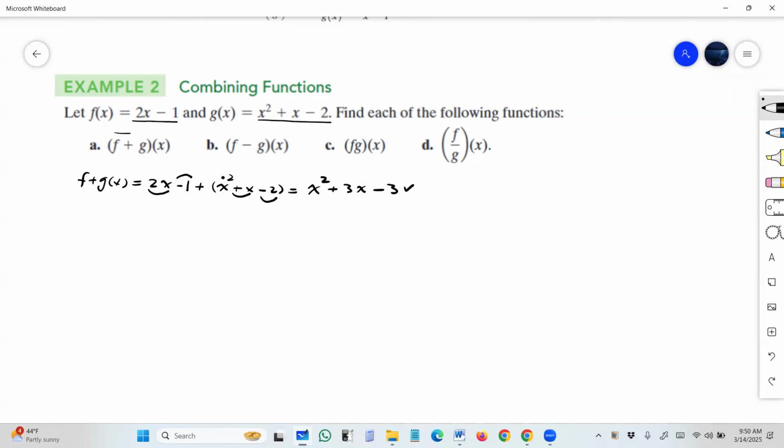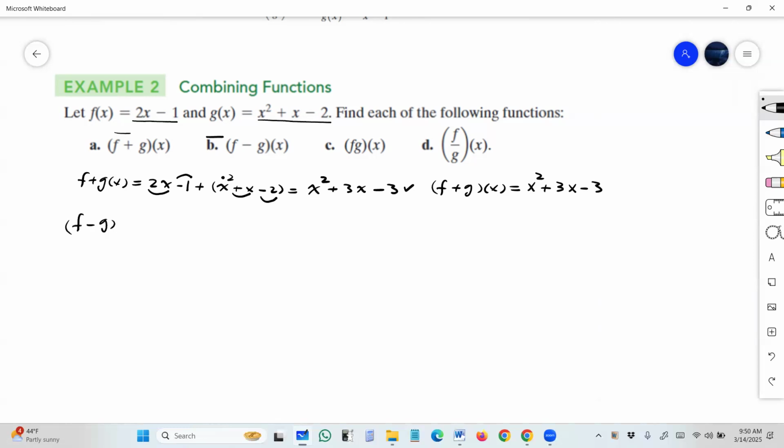Right? So this is the addition. And if you want, you can write it this way. f plus g of x, x squared plus 3x minus 3.